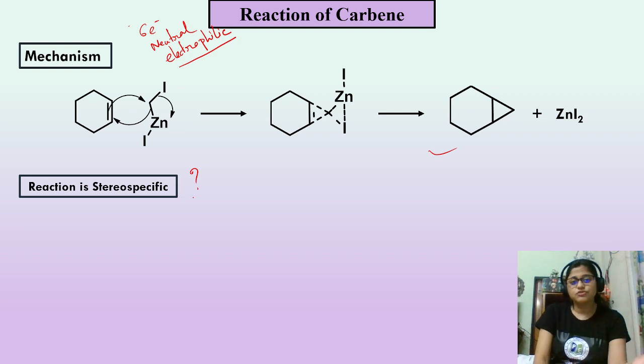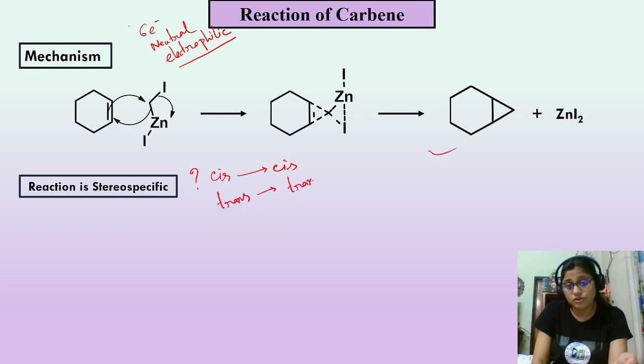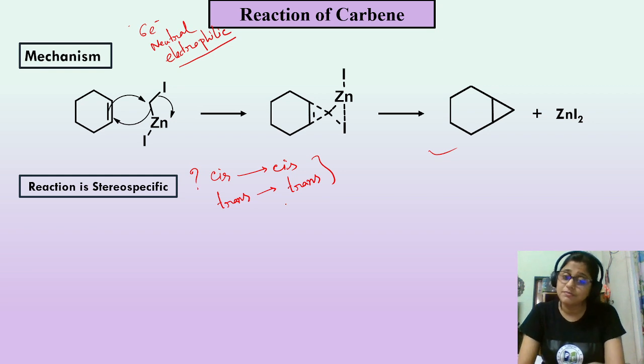This is a very tough word. Simply, cis will give cis product. Groups which are trans in the reactant will be trans in the product also. This is stereospecific. But how can we explain?